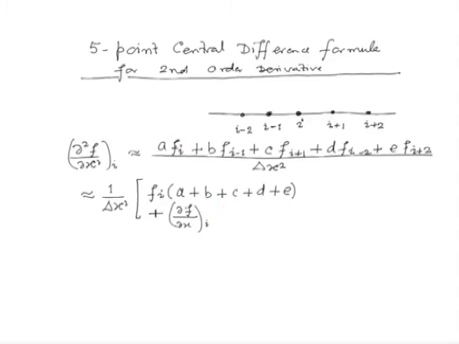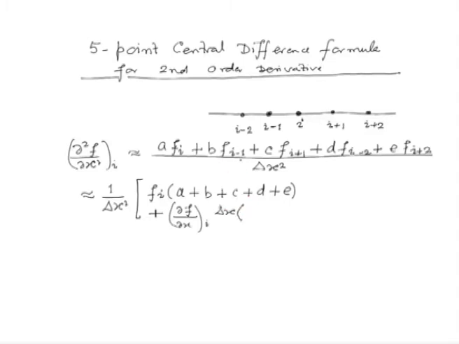The first term a f_i will remain as such, and we will get this ∂f/∂x occurring in the expansions of f_{i-1}, f_{i+1}, f_{i-2} and f_{i+2}. From the expansion of f_{i-1} we will get simply a term containing Δx. Let us take Δx common.